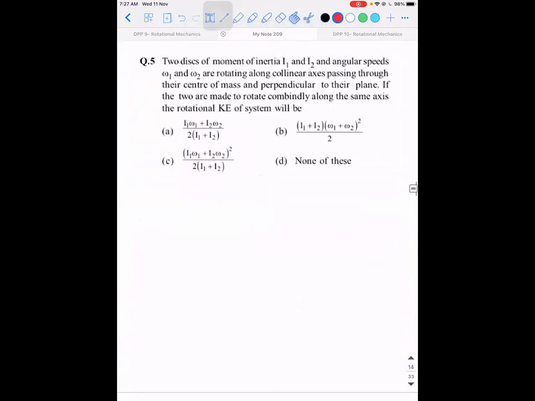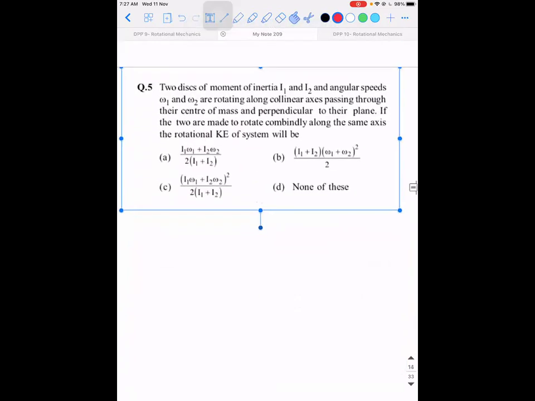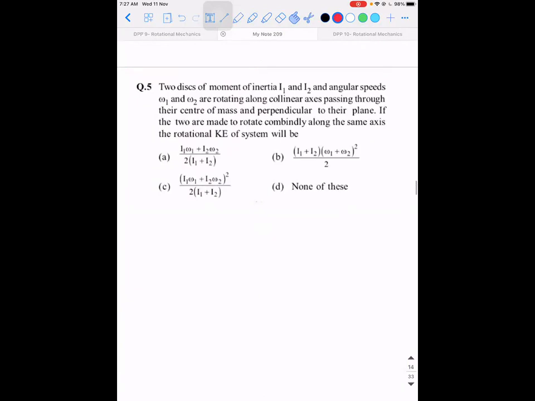So how to do, guys? Two disks are individually revolving with angular velocities omega 1 and omega 2. So what will be the initial angular momentum? Now tell me one thing, guys. When these two disks are put together, the system is still revolving.